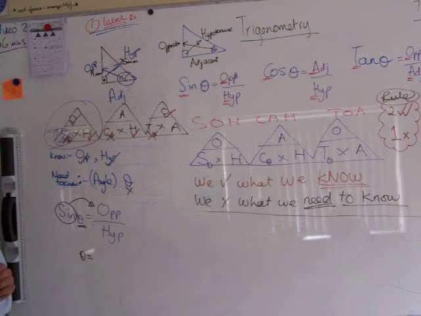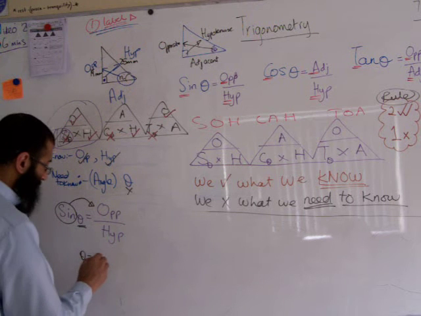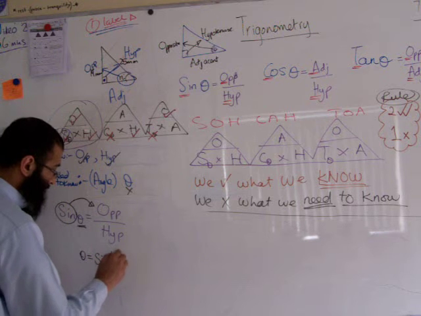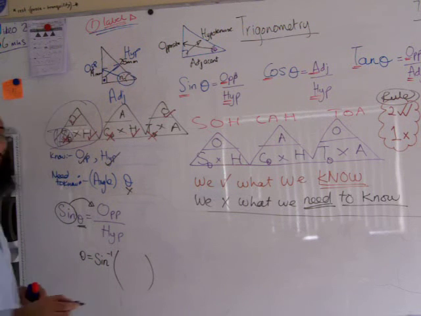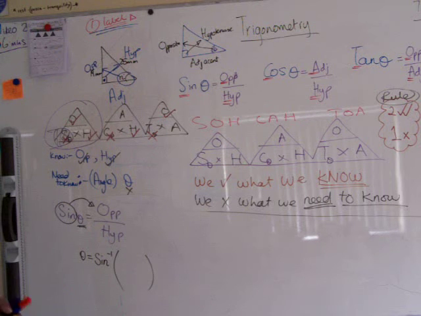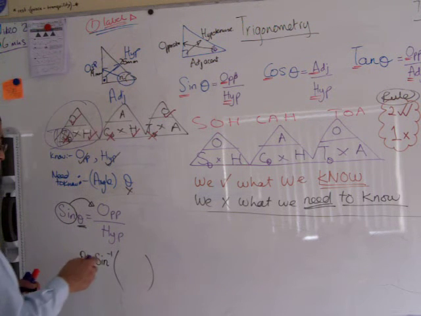And what's the opposite of sine? Sine minus 1, which is called inverse sine. So the opposite of sine is inverse sine. We don't have a new name for it, apart from calling it the inverse of sine. So that will give us what?